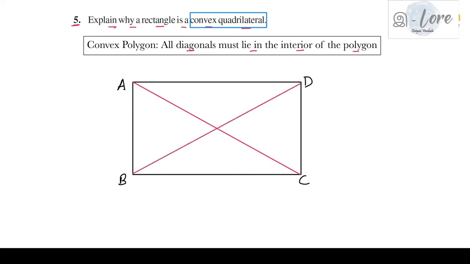And we can see that both of these diagonals will lie completely inside the rectangle. So let's write out this reason. Both diagonals of any rectangle lie inside that rectangle. And this is the reason why any rectangle will always be a convex quadrilateral, because both of its diagonals will lie inside the rectangle. So that completes question number 5.